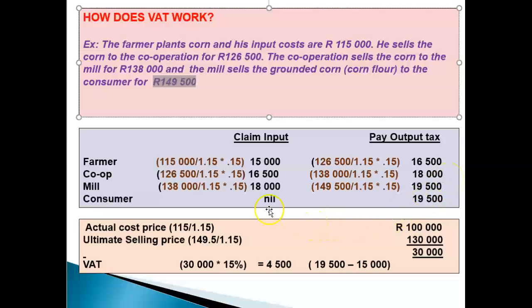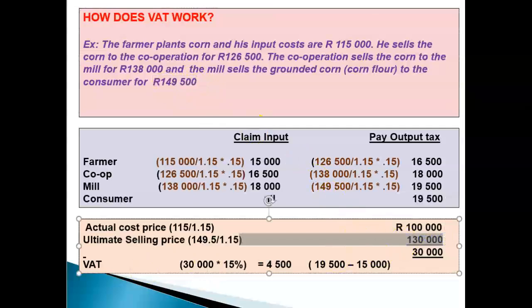Now let's check it. If you look at the original input cost of 115,000 Rand, what was the VAT exclusive amount of the input costs? 100,000. If you look at the eventual amount that they actually received for that corn from the consumer, 149,500. If I take out the VAT, it gives me 130,000. So what was the profit realized if I look at the whole value chain?